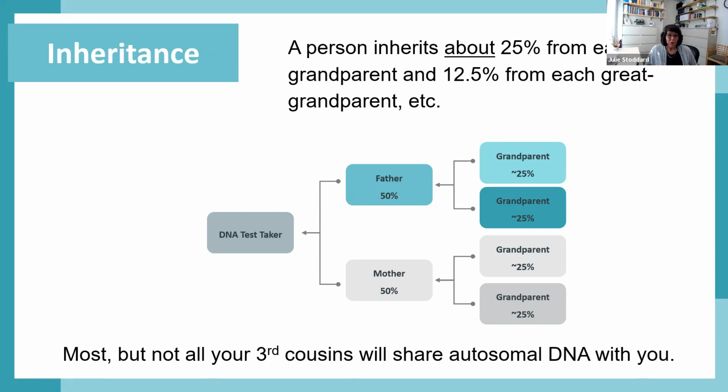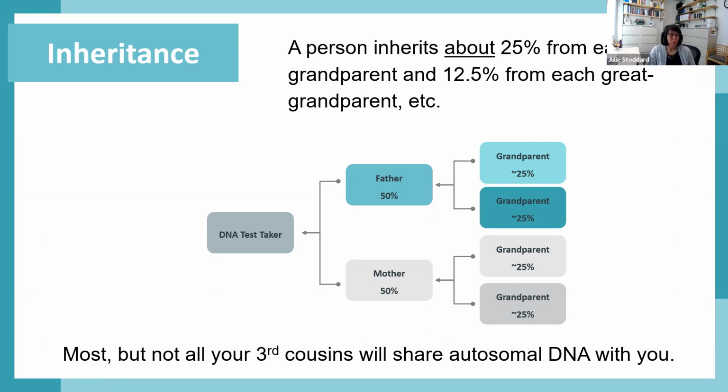And so by the time you get to your 3rd cousin level, there are cases where you and a 3rd cousin will not share a DNA segment just because of the DNA lottery, because of what you inherit. By the time you get to 4th cousins, you will have 4th cousins that you won't share DNA with, and that's important to remember.